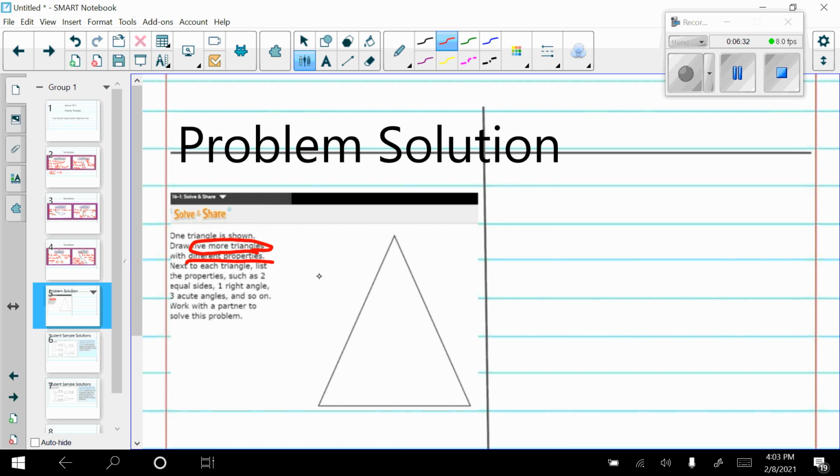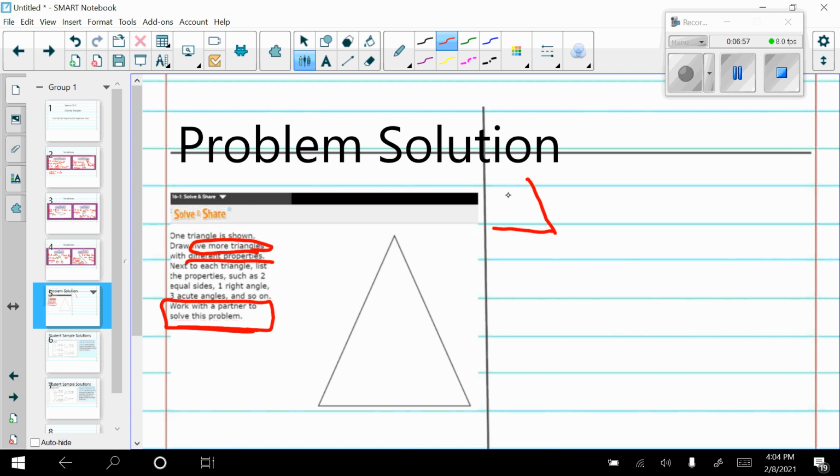So they're not all going to be the same. Next to each triangle, you're going to list the properties, such as do they have 2 equal sides, 1 right angle, 3 acute angles, and so on. So work with a partner to solve this problem. Mrs. Tim's going to be your partner. So let's go ahead and begin.